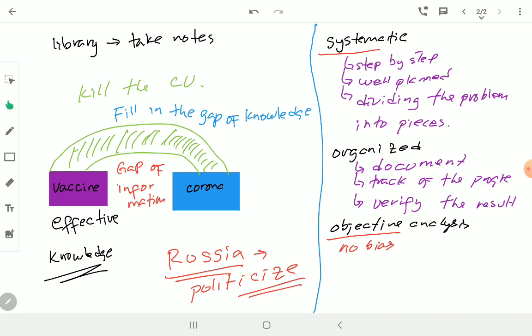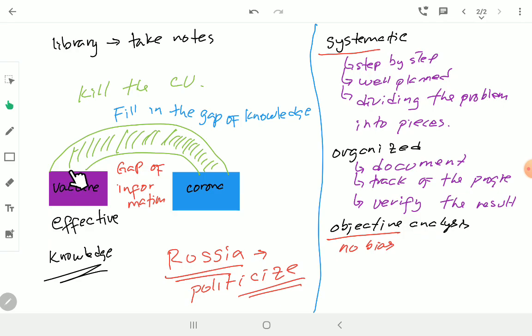Russia wants to show that they are a superpower, that they are ahead of all the countries. And because of that, even though their vaccine has just passed the third clinical trial, and is not yet certified by the World Health Organization, they're saying that it's effective. They're saying that they've filled in this gap.